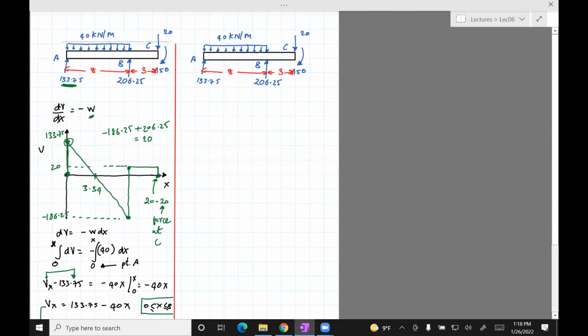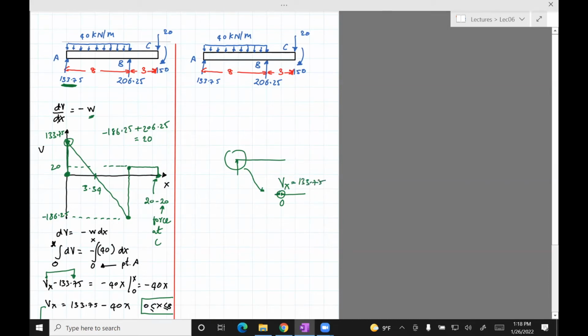So the way this works is there is a force, and if you zoom in here, it's 0 right here, but the moment you go slightly to the right, the shear force is equal to 133.75.